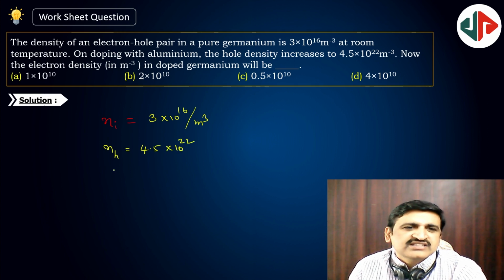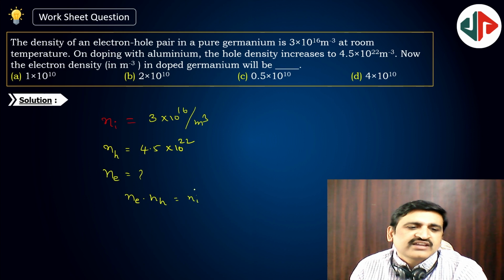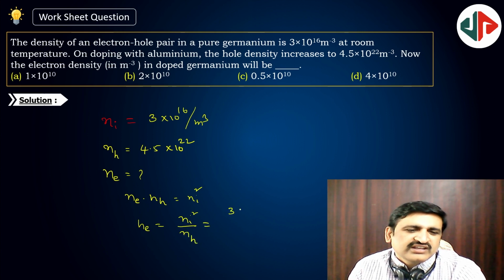Now what is the electron density in doped germanium? You know, Ne into Nh is equal to Ni square. So Ne is equal to Ni square by Nh. You need to patiently do 3 into 10 to the power of 16 into 3 into 10 to the power of 16 by Nh, 4.5 into 10 to the power of 22.